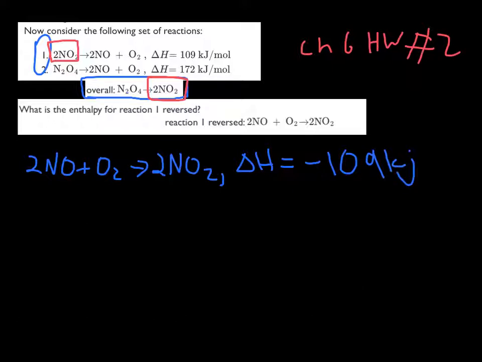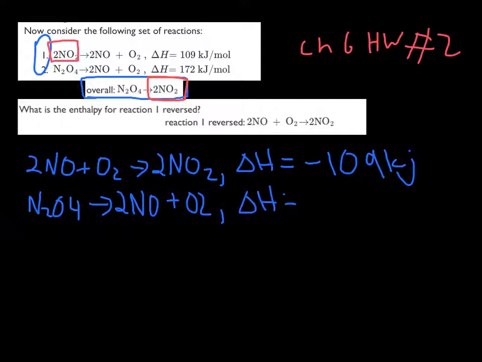Now the second one, we notice that N2O4 is in the reactants, so nothing needs to be done to that. Delta H equals 172 kilojoules per mole.